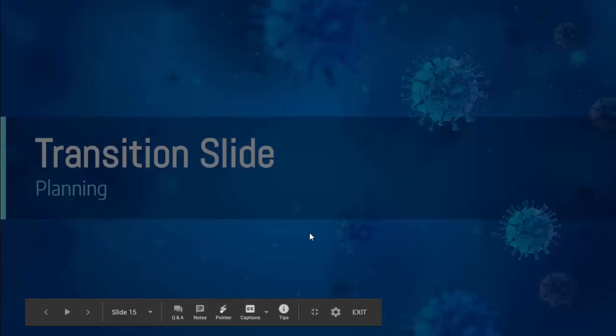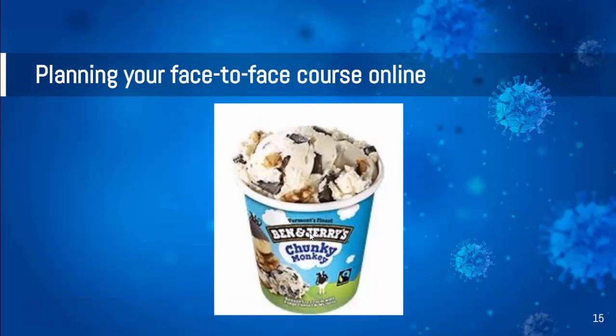So as you're thinking about planning, this is maybe my one bell or whistle, is the Ben & Jerry's Chunky Monkey. It's going to really help your students if you think of your course in chunks rather than as a 15-week-long block.